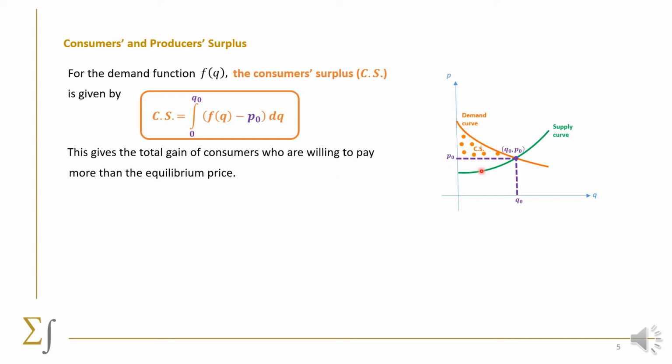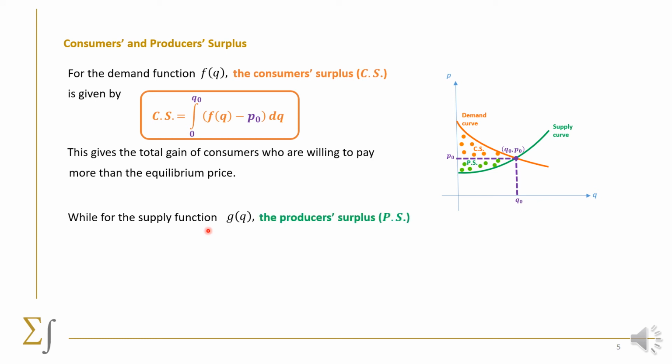Now let's see the producer surplus. This part is the producer surplus. It is bounded by P node and the supply curve, and we calculate it in the same fashion. If we have the supply function, we call it G of q.